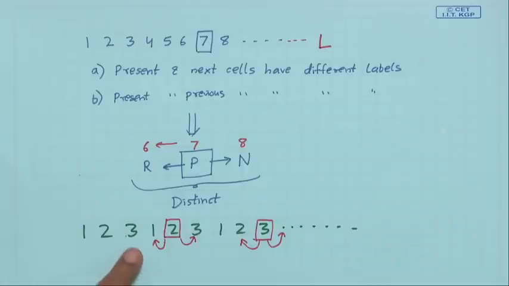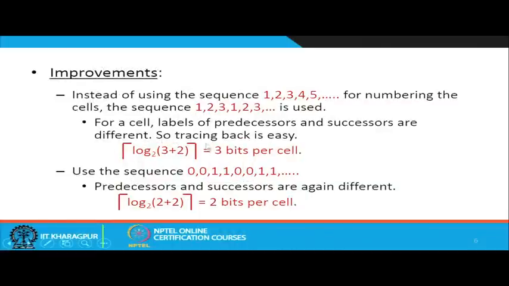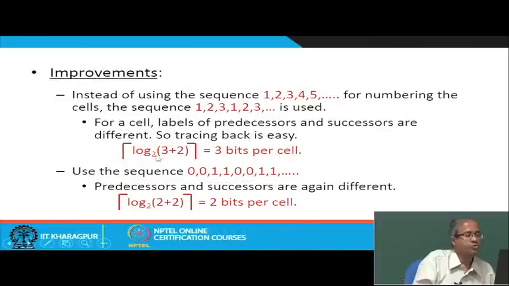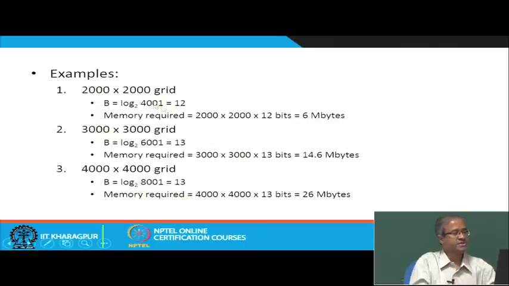So, if I go to a maximum of 3, then my number of bits per cell will be log to only 3 plus 2, not L plus 2, and log to 3 plus 2 means only 3 bits per cell. So, if you look at the previous calculation, there we are multiplying by 12 or 13, but in this new numbering scheme we have to multiply it only by 3. So, it will become just 1.5 megabytes, right.